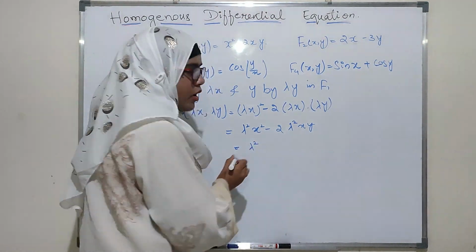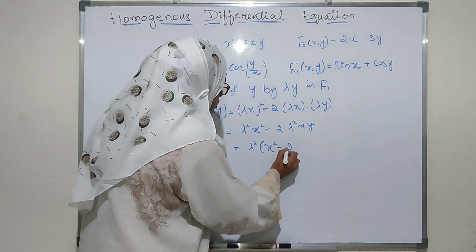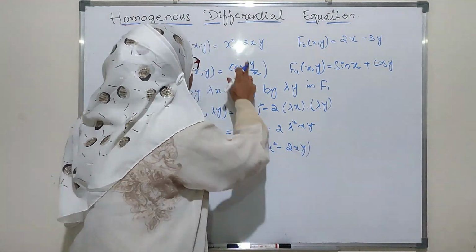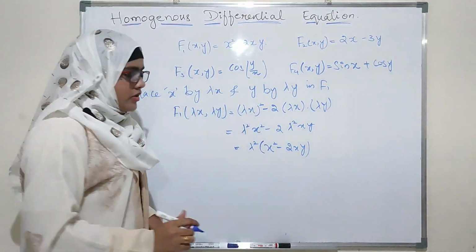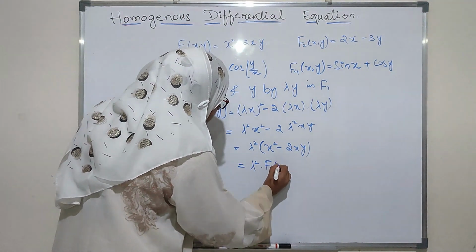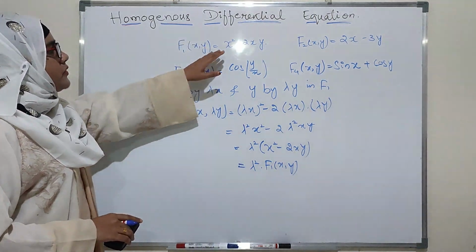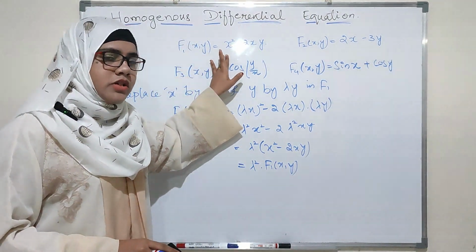Taking lambda square common in both terms, we get x square minus 2xy, which is the same as f1. So we write lambda square into f1 of x comma y. If this condition is satisfied, then we can say the given function is a homogeneous function.